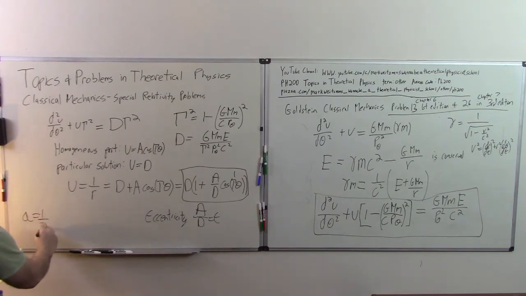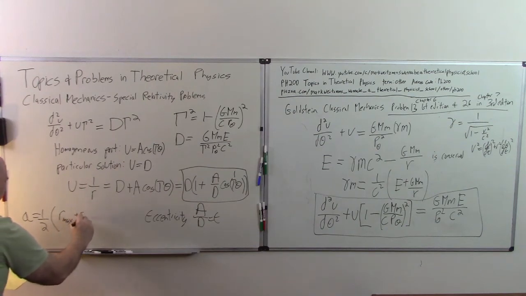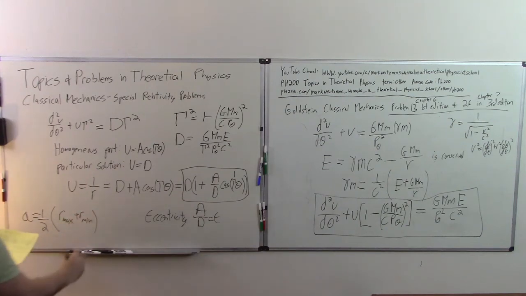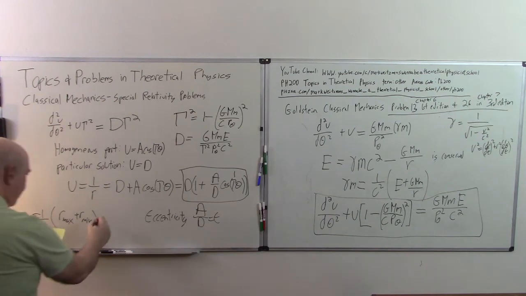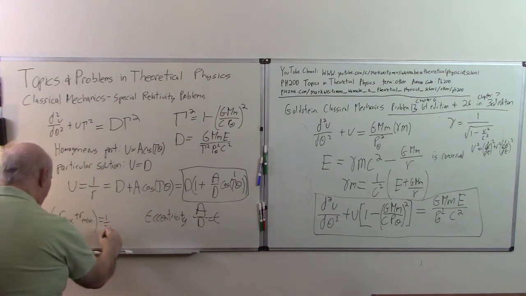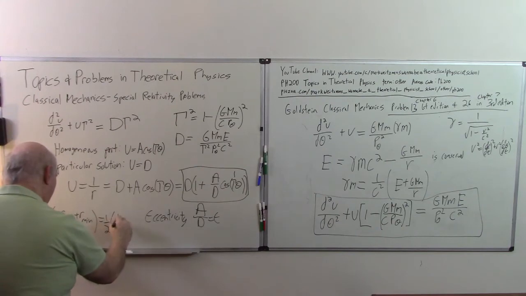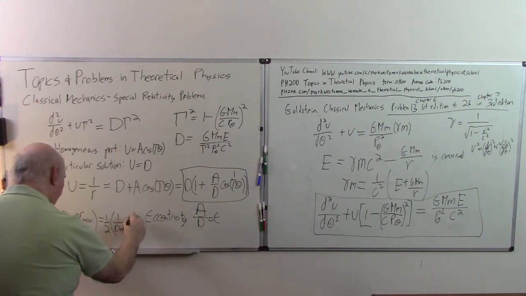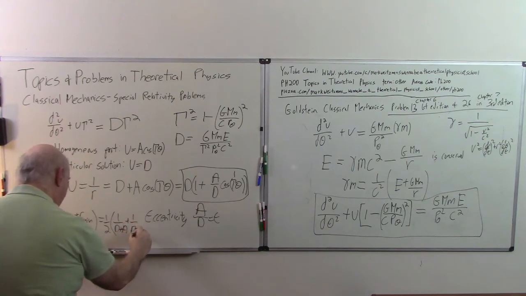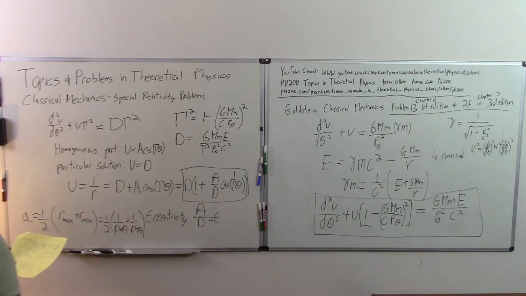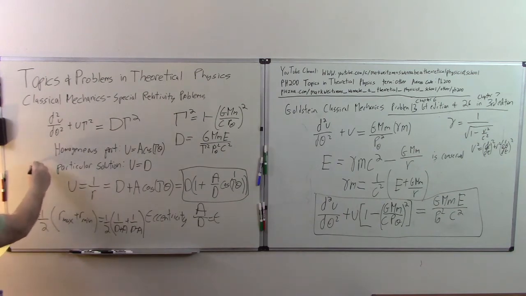It's equal to 1/2 R max plus R min, remember the definition of this, and that's going to be equal to 1/2 (1 over d plus a plus 1 over d minus a). And this ends up being equal to d divided by d squared minus a squared.